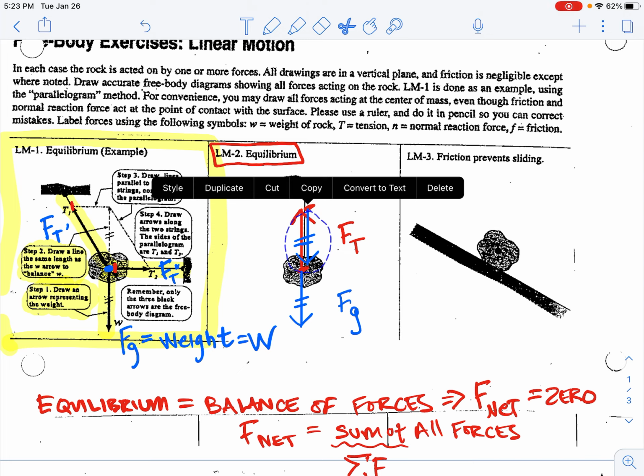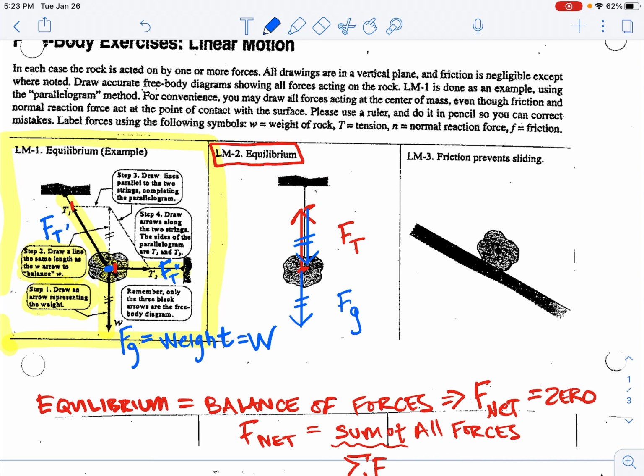I notice when they overlap each other, they cancel each other out, so that the force net is equal to 0. And that would indicate that there's no motion, or that the motion isn't changing, and that's a sign that you're in equilibrium.